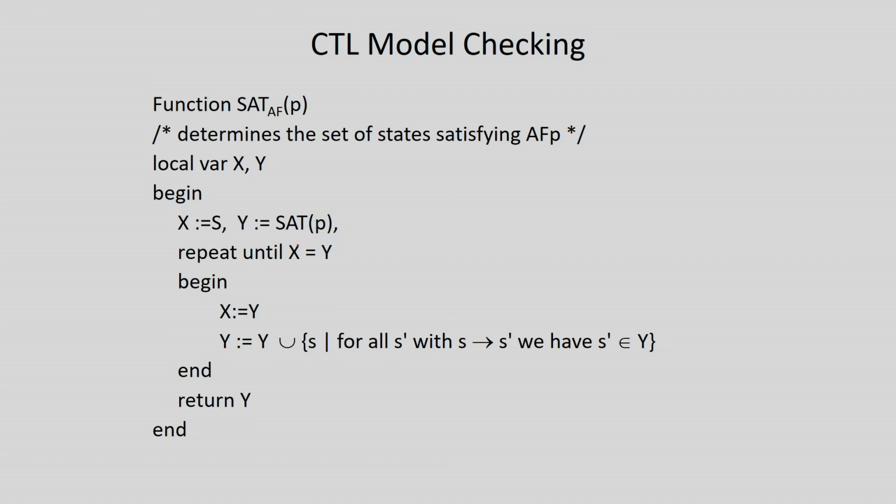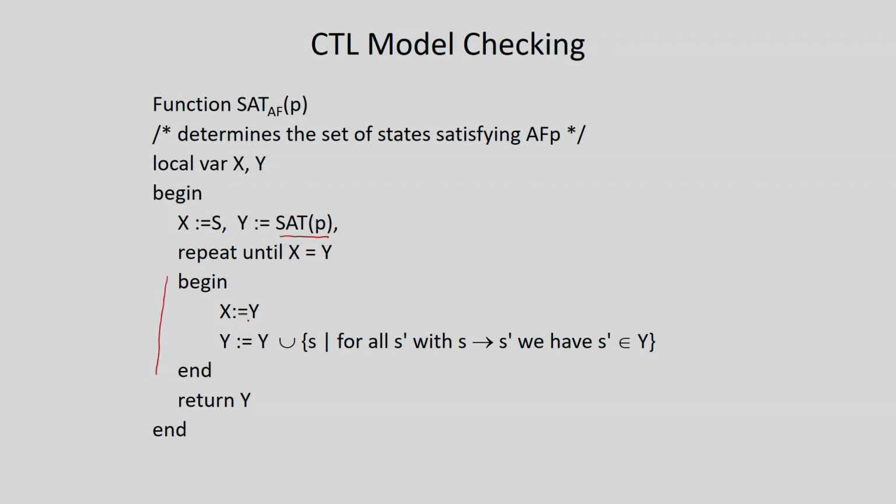We use the satisfiability function that we have defined, and we know the truth values of P in a model, so we collect all the states where P is true. This is the set Y. Now, repeat until X equals Y. Initially X is the entire state space and Y is a subset of it, so they are not equal, and we enter the loop.